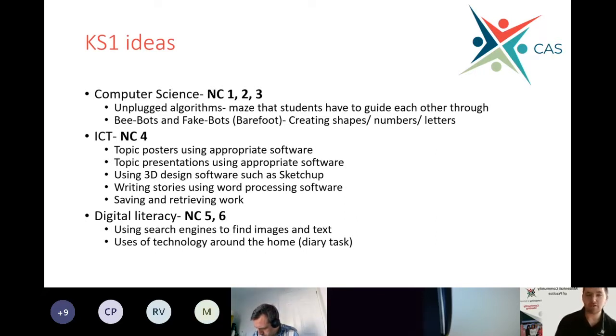Use writing stories, so if they're doing some written work, you can get them to type up a neat version of it once they've written it in the class or something along those lines. I think the ICT element, especially, can be really cross-curricular, so try to link it to your topic and so on as you go through.